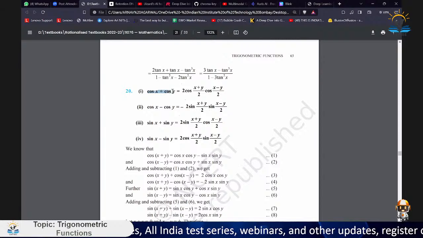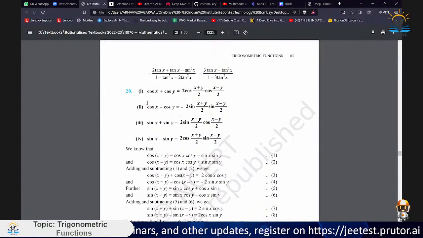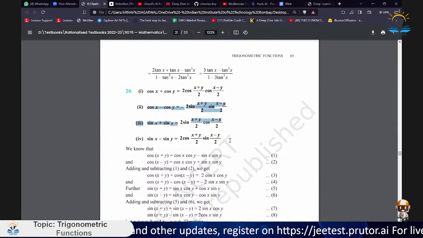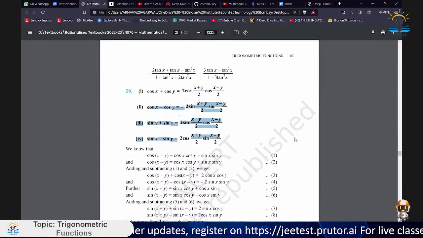Now, this is the factorization formula. So cos x plus cos y is equal to 2 cos of (x plus y) by 2 times cos of (x minus y) by 2. Similarly, we can define these three too. So these are very important again.